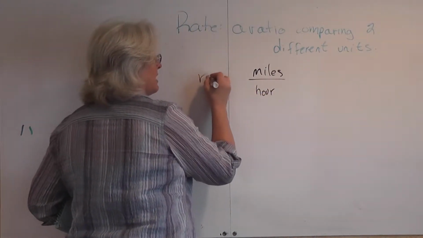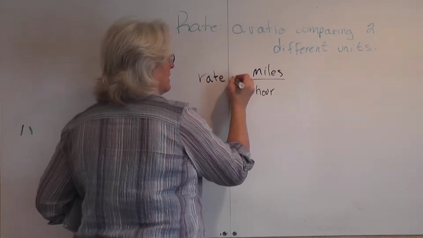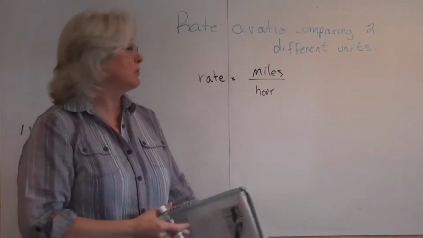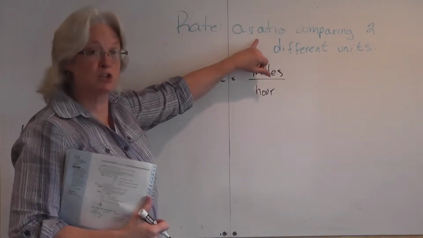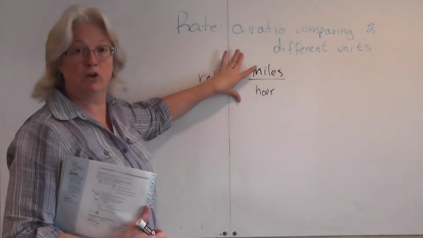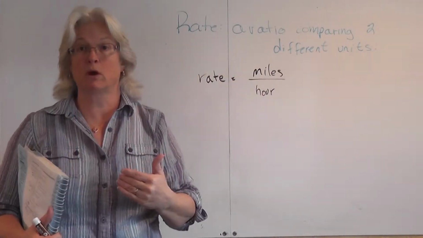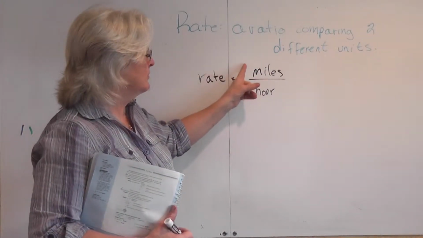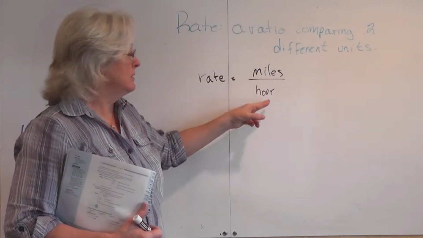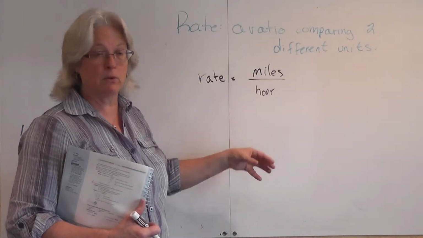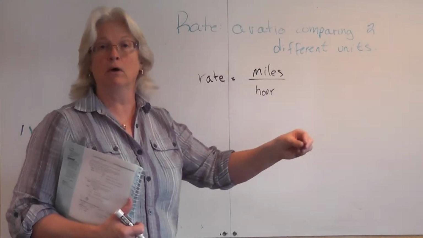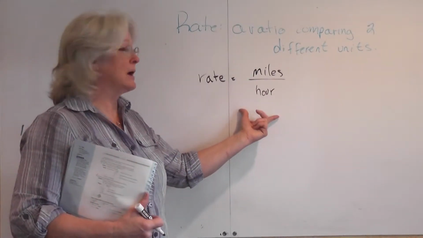So this is their rate in miles per hour, which is a ratio. We're comparing two different units. First unit is miles. Second unit is hours. In other words, how many miles can you go for every hour that you drive?